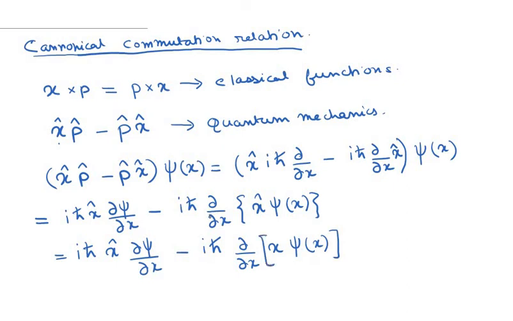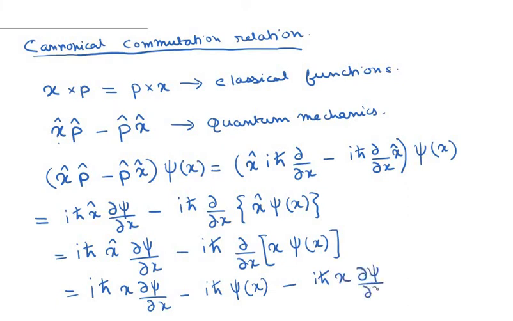Okay, so this operator again acts on this del psi del x to give position. So this thing here becomes I h bar x del psi del x minus I h bar psi x minus I h bar x del psi del x.